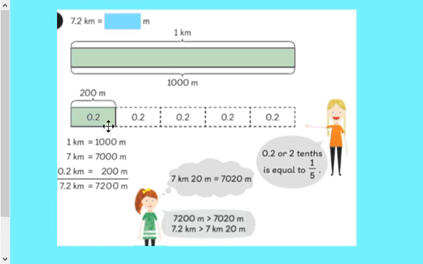So 200 meters is the same as 0.2 of a kilometer, or 2/10. Okay, so we've got here 0.2 kilometers is the same as 200 meters. So 7.2 kilometers will be 7,200 meters.